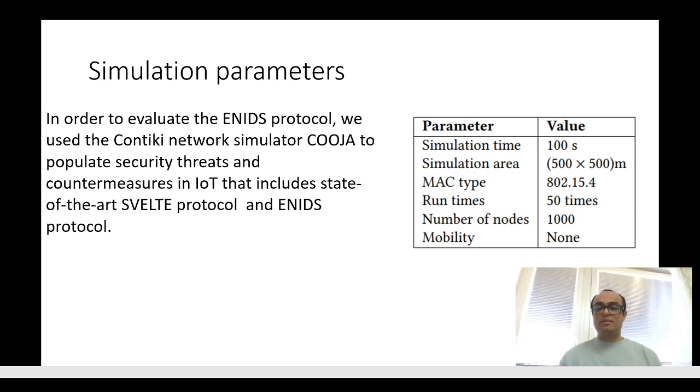For the parameters of the simulation, we use a 100-second simulation time and a simulation area of 500 meters. The MAC type is 802.15.4. The runtime is 15 times. The number of nodes is 1000. We don't have any mobility. All nodes have a fixed location.